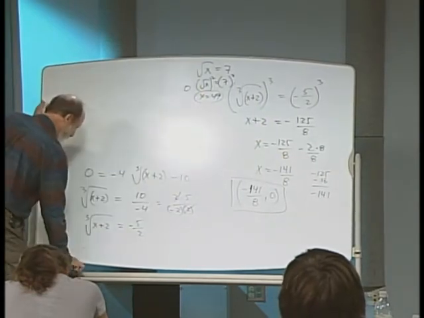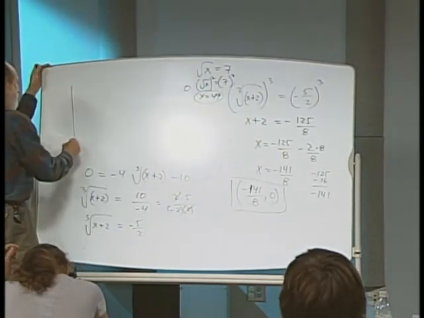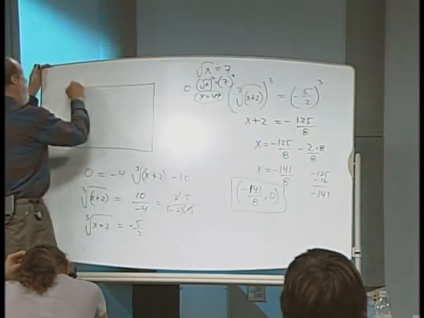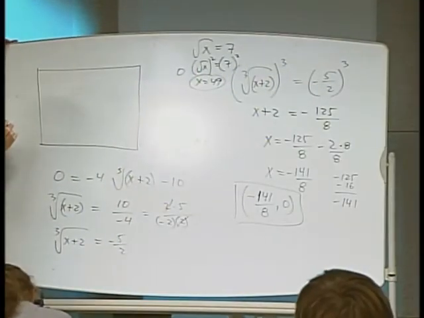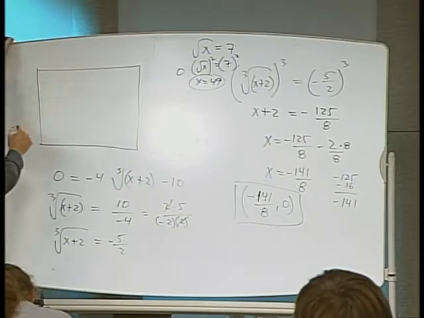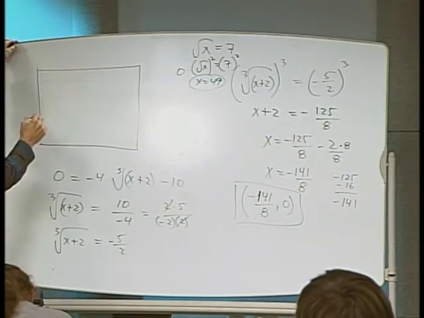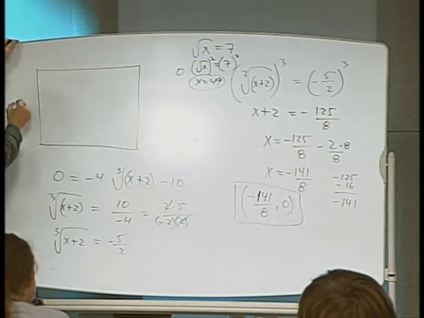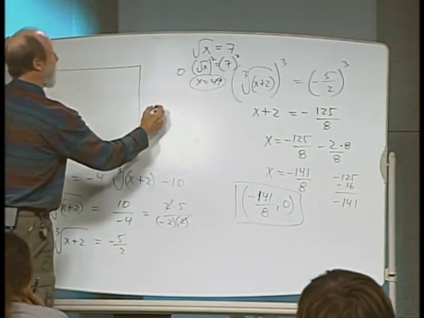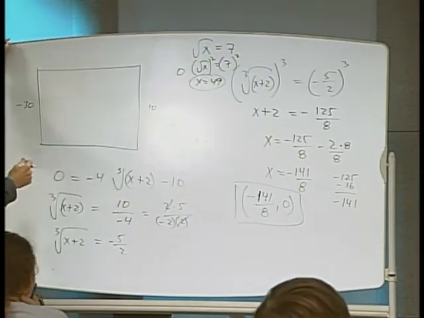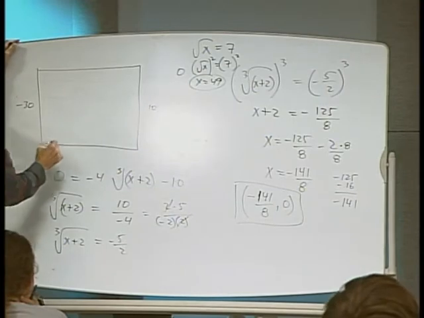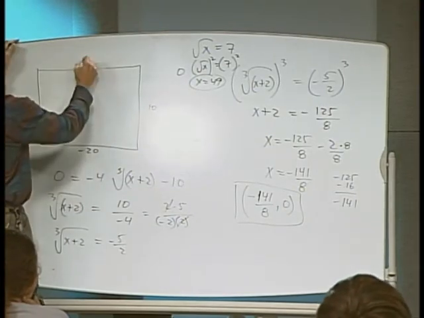One thing you also want to include in your work is a sketch including the viewing window, which I believe that we used a negative 30 because the scaling marks up there were 5s, I believe. I think we had minus 30 on the left, looks like 10 on the right, minus 20 and 20 on the bottom and top.